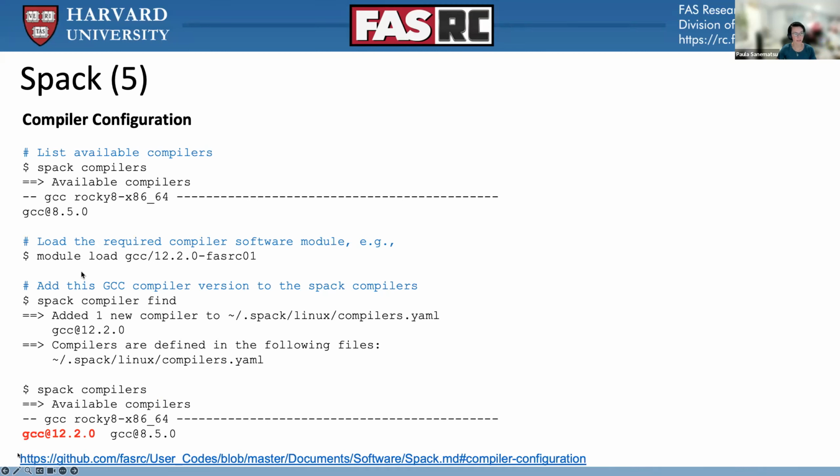If you would like to add additional compilers, by default, we have GCC 8.5.0. If you would like to add the newest GCC, you first load the module GCC, then you run the command spack compiler find, and then it will add GCC 12. And if you do the command spack compilers, you should see GCC 12 as an option now.